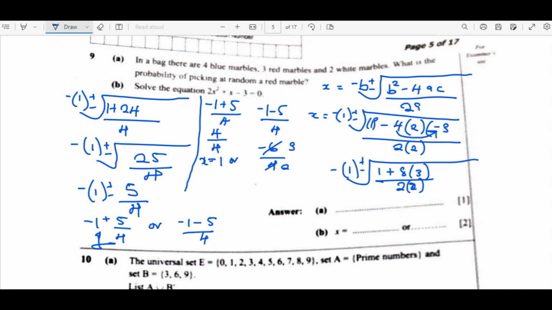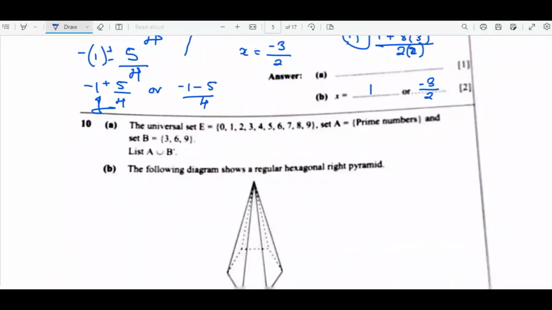So the answer is x is equal to negative 3 over 2. So x is equal to 1 or negative 3 over 2. Okay, we can move quickly to the next question.